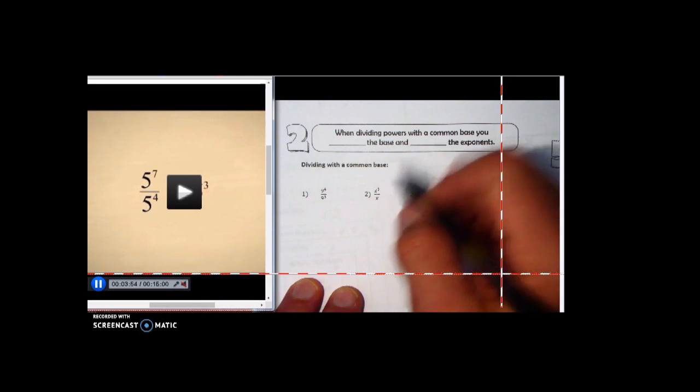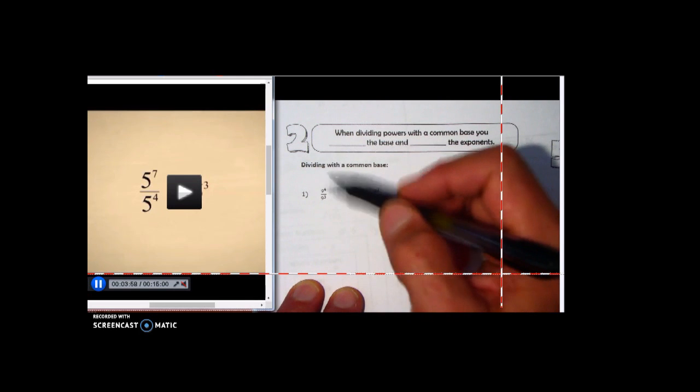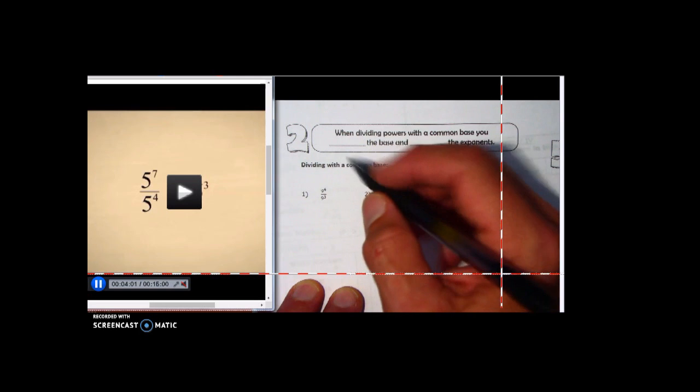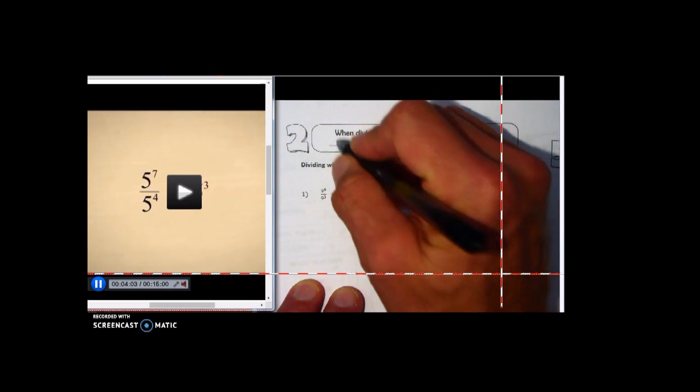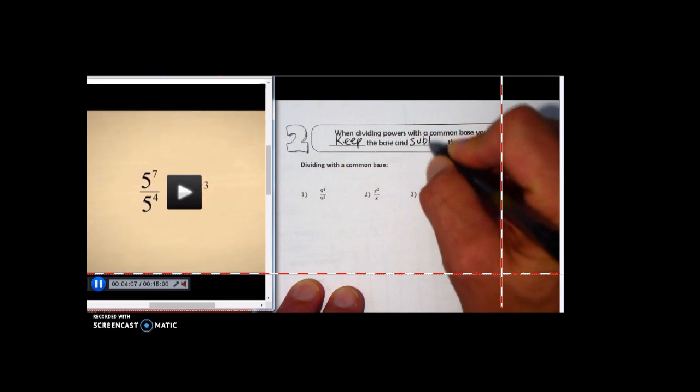Okay, so in this case, when you're dividing powers with a common base, you keep the base and subtract. Let me rephrase that real quick. When we multiply the bases, what do we do to the exponents?